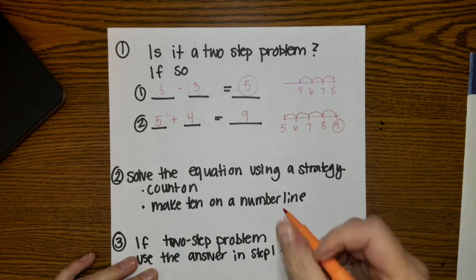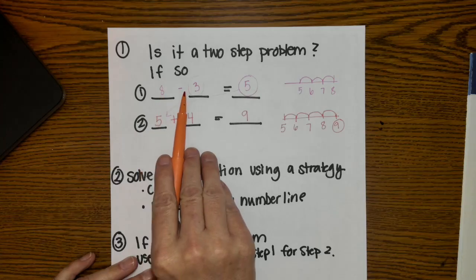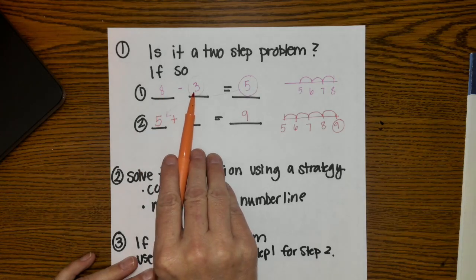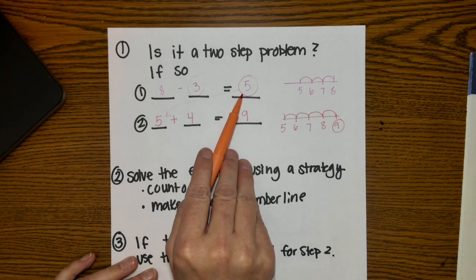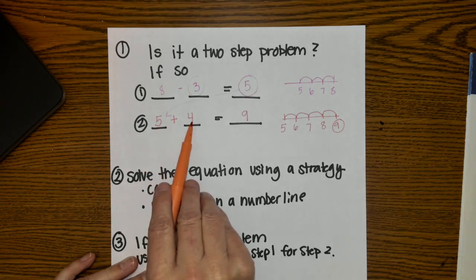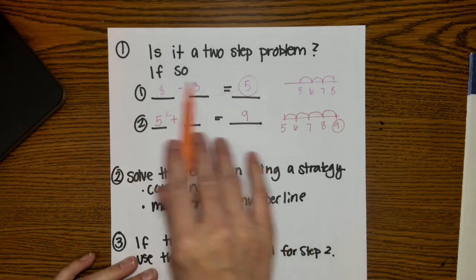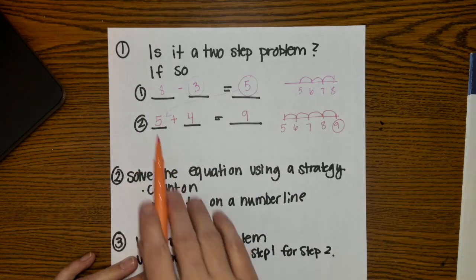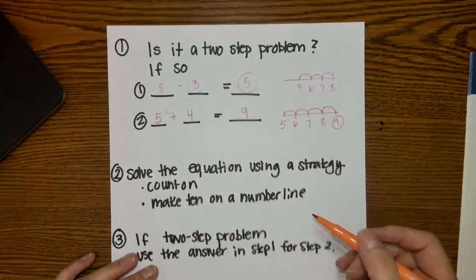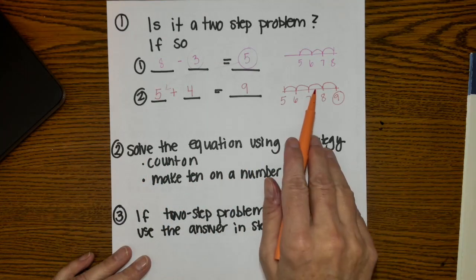Okay, so that would be a two-step word problem. 8 kids are at school, 3 leave, go home because they're sick. How many are at school? 5. So there's 5 kids at school and 4 more come late. How many is there now? Okay, so I'd like to break it up with step 1, step 2, and draw the lines, and then they have to fill in those numbers. And then they need to solve the equation using a strategy like I did up here.